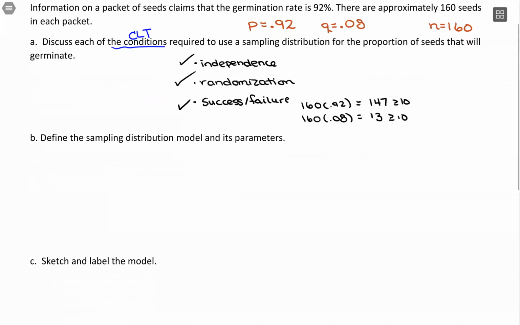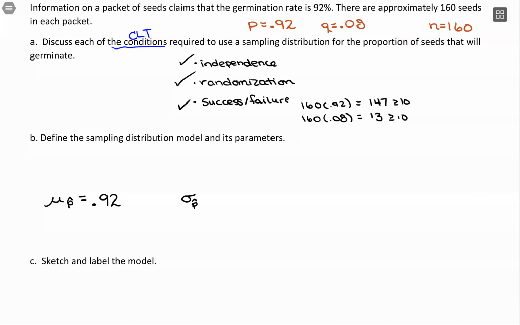All right, define the sampling distribution model and its parameters. So for the parameters, we'll need the mean and standard deviation. For the mean, we'll just copy down our population proportion. It's the idea that we expect this 0.92, that's the center of our distribution.